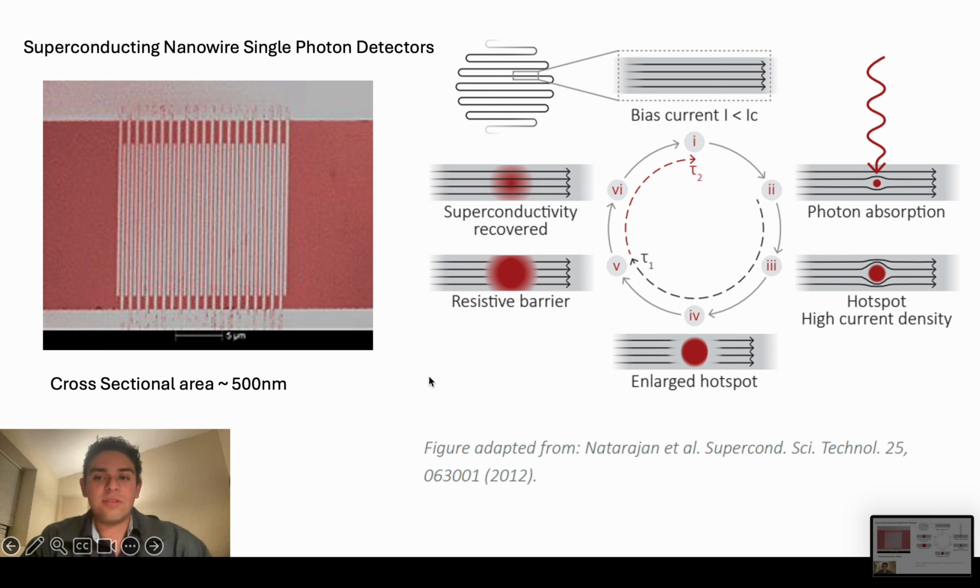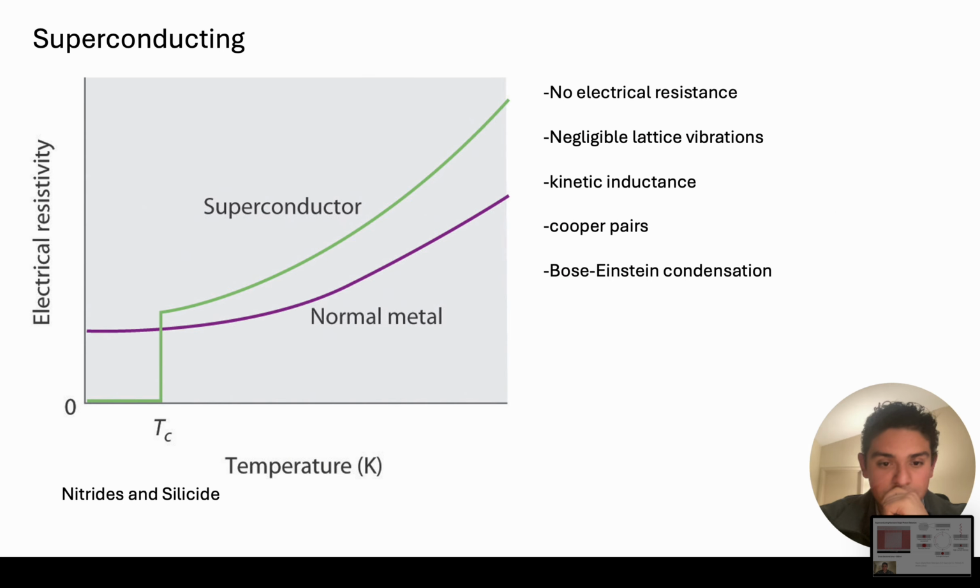Before we talk about those time constants and modeling it as an RL circuit, let's talk about some of the implications of superconducting materials. For superconducting materials, what we see is that below some critical temperature, we get a drop to zero electrical resistivity.